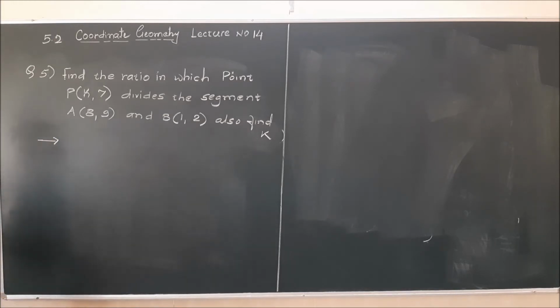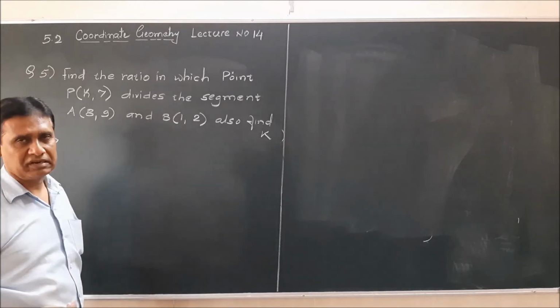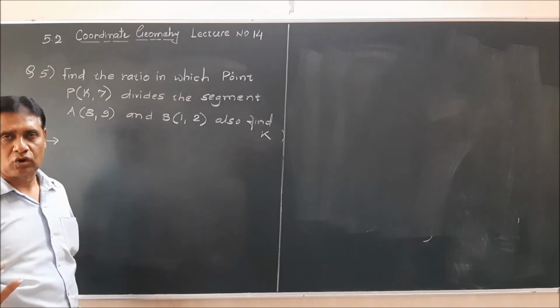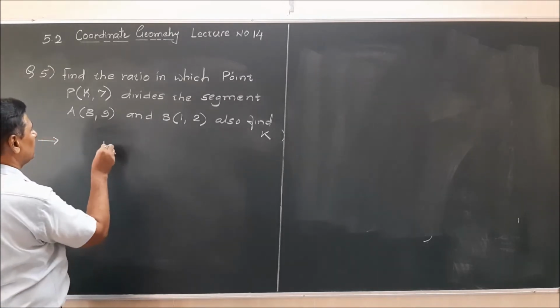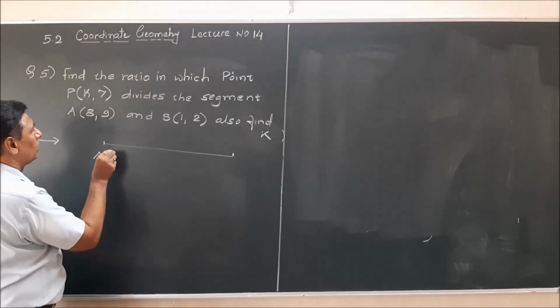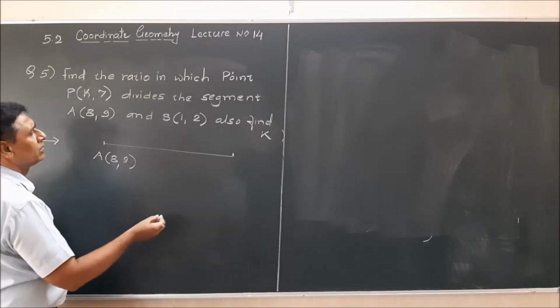Find the ratio in which the point P, k comma 7 divides the segment AB. So I will draw here. Once again, I would like to tell you there is no need to draw a figure in the exam at all. So here you will find segment AB. A has the coordinates 8, comma 9.